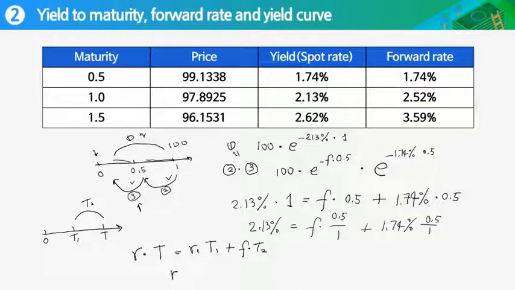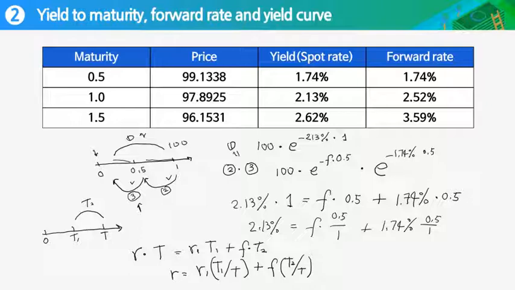So this R, long rate, is weighted average of R1 T1 divided by T plus F T2 divided by T. So R is weighted average, weight given by time.